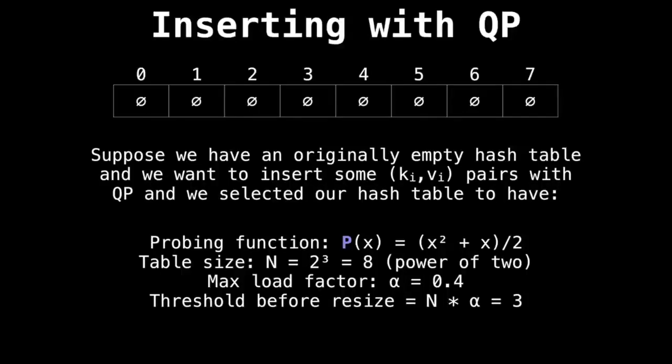P of x equals x squared plus x divided by 2, and the table size is a power of 2, so it's 8. And let's select the load factor to be 0.4, therefore the table threshold is going to be 3. So just to emphasize that the table size must absolutely be a power of 2, otherwise this will not work.